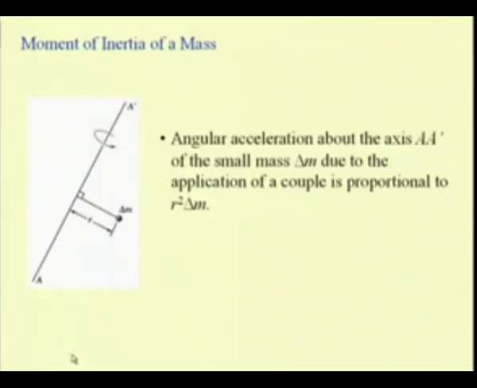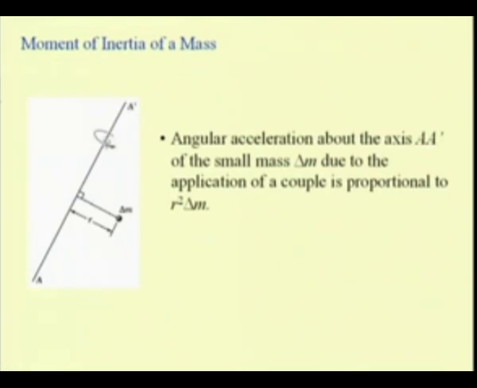So, let us consider one small volume or an elemental volume delta m, which is situated at a distance of r from an axis, that is A prime.